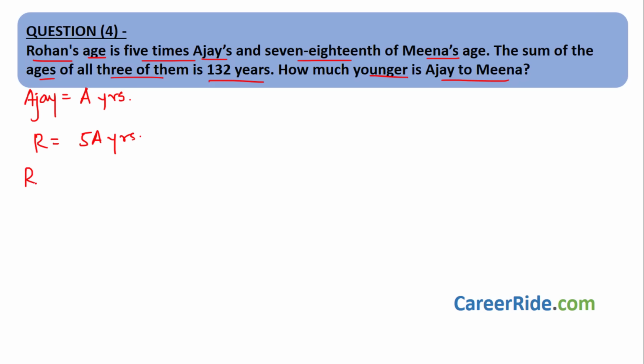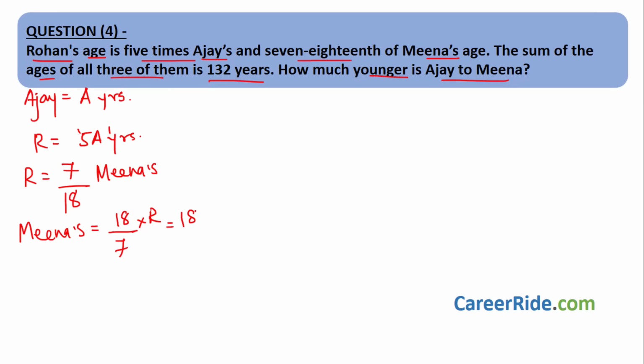Now, Rohan's age is also 7 by 18th of Meena's age, right? So what is Meena's age? Meena's age is nothing but 18 by 7 times Rohan's age, and we already know Rohan's age as 5a years.